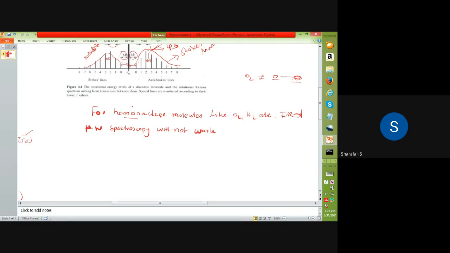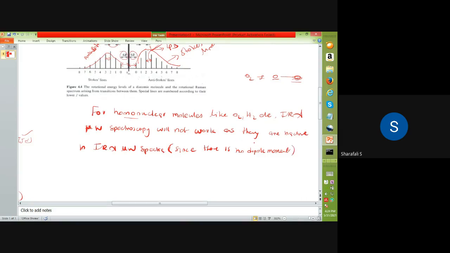So this will not work, as they are inactive in microwave spectra, since they do not have equal and opposite charges.